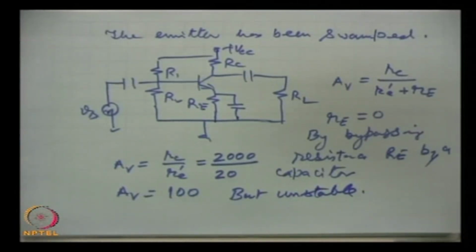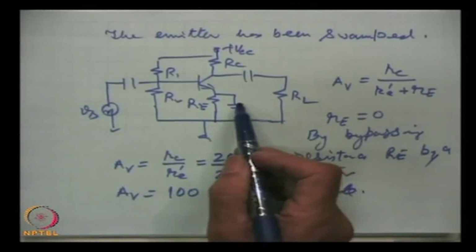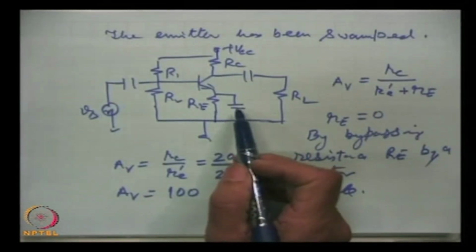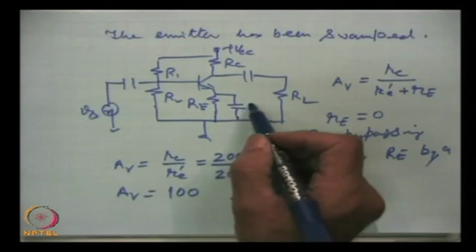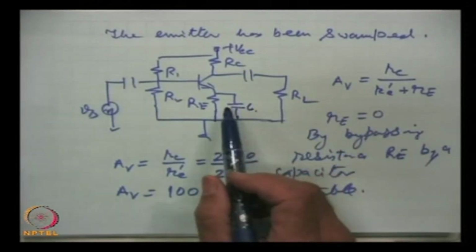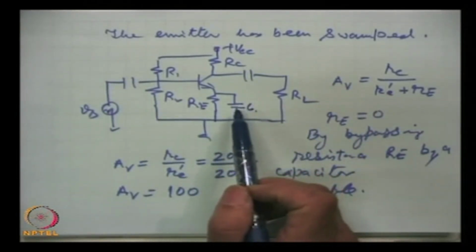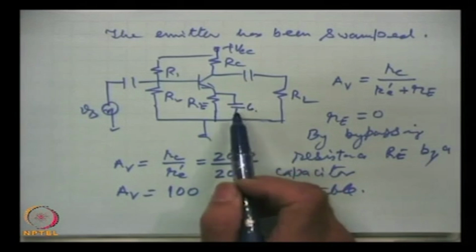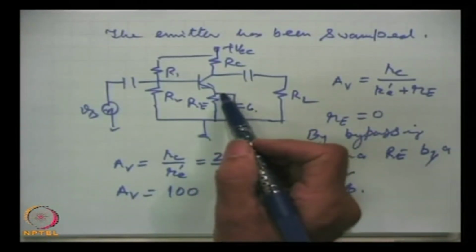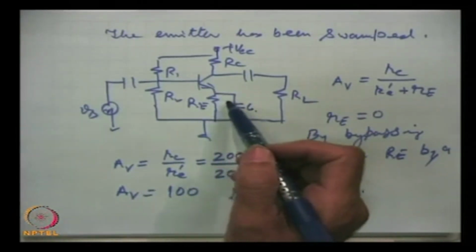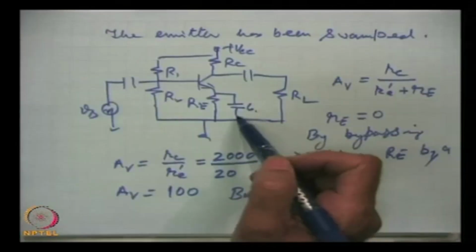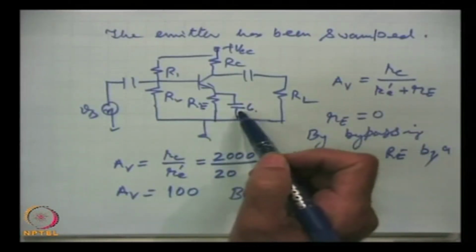So, let me talk a little more about this bypass capacitor, how we choose its value. What is the purpose of the bypass capacitor? The purpose is that AC will find a path of least resistance through this capacitance. This path has lower impedance as compared to Re.